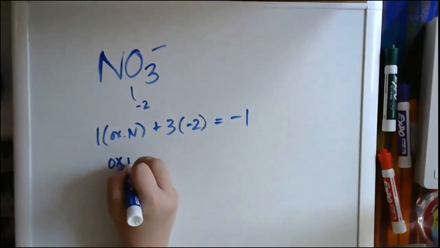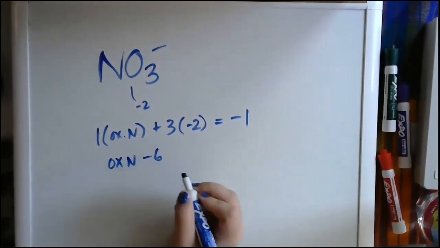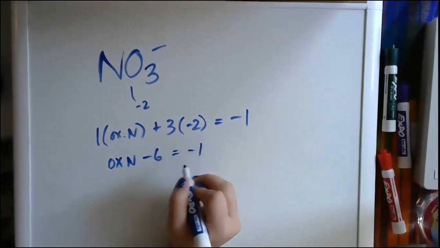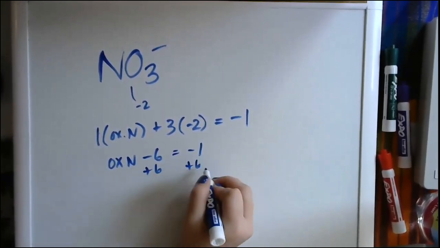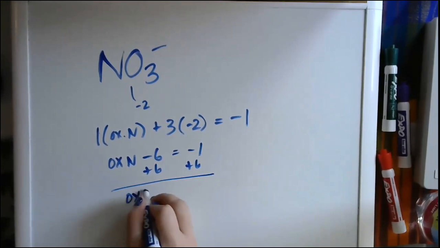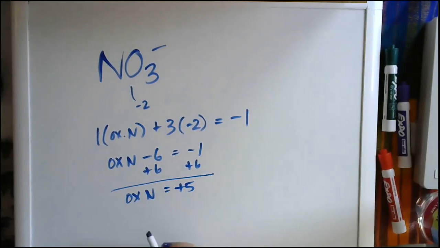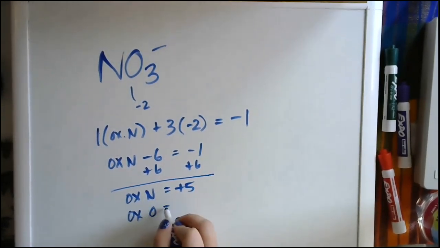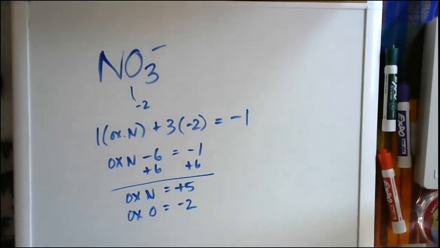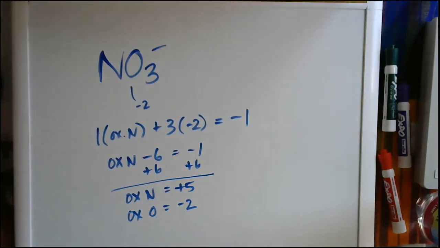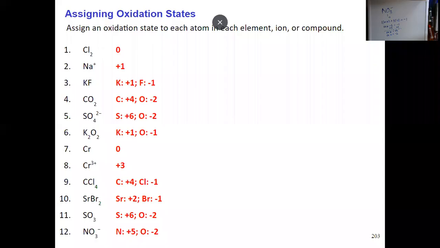So the oxidation state of nitrogen minus 6 will equal -1. So the oxidation state of nitrogen is going to be +5 in the nitrate ion, and the oxidation state of oxygen will be -2. All right, so now when we go back, we can see all the answers there. Hopefully it makes sense to you how we got them.